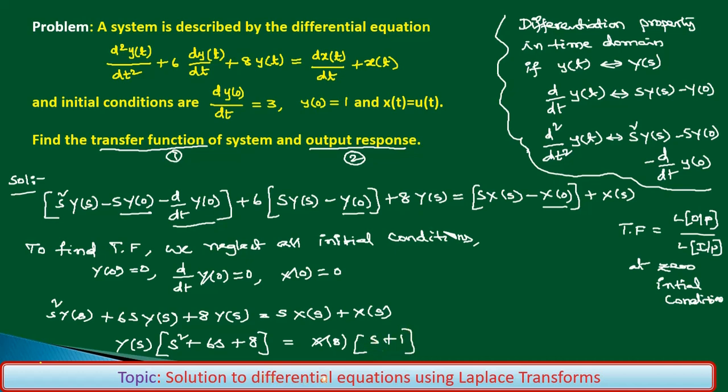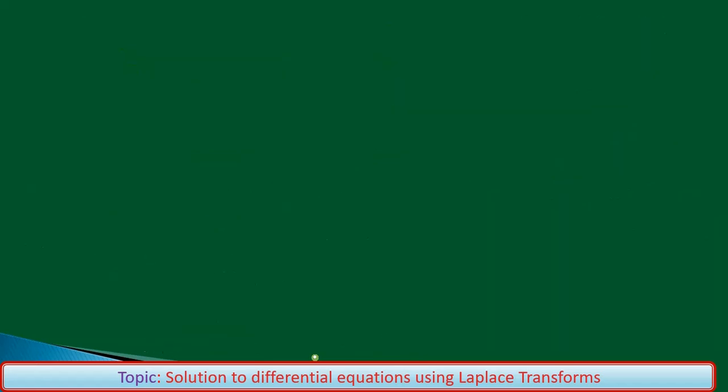Okay. So now we take the ratio of output y of s to input x of s, so that gives you the transfer function of a differential equation. So that is y of s by x of s equals s plus 1 by s square plus 6s plus 8.